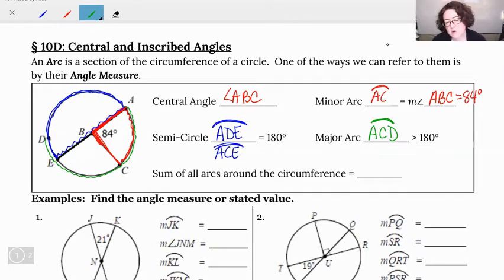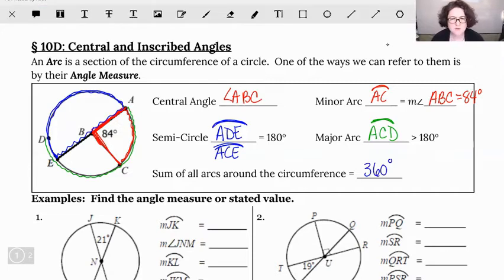So a major arc is always going to take up more than half the circle, or more than a semicircle, or more than 180 degrees. And then again, if we go all the way around the circle, it's like doing what degree turn? It's a perfect 360 degree turn. And so the sum of all arcs, if we travel all the way around, we reference the degree that we traveled, which is 360 degrees.